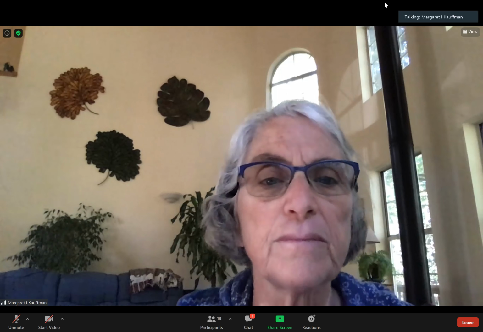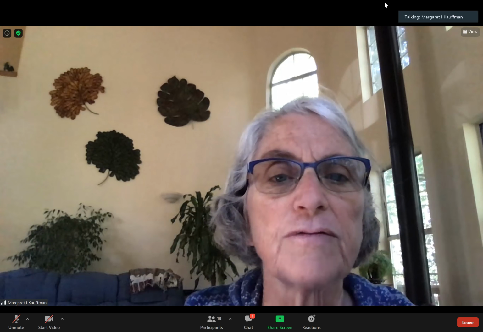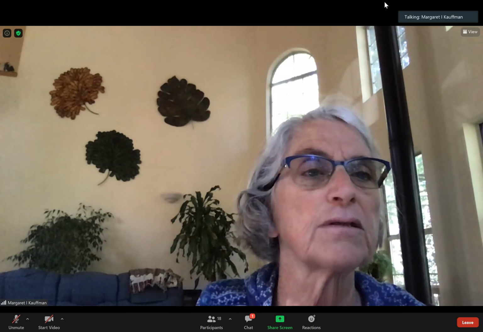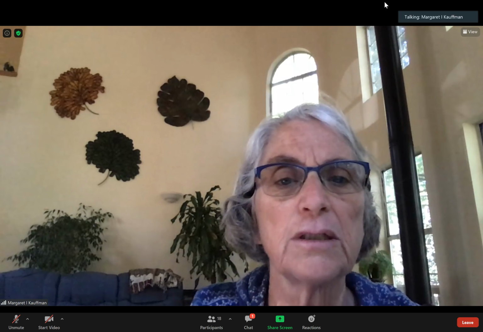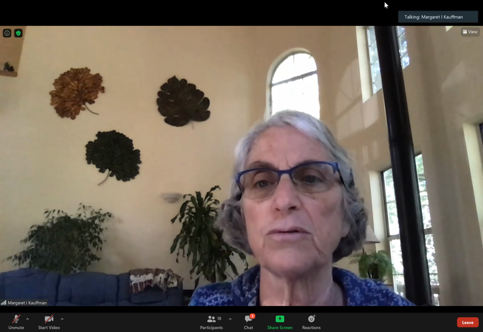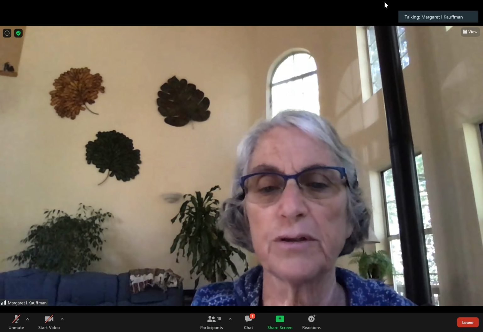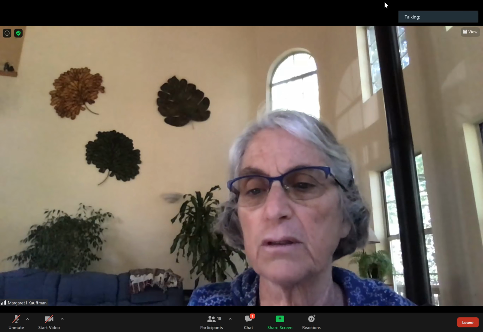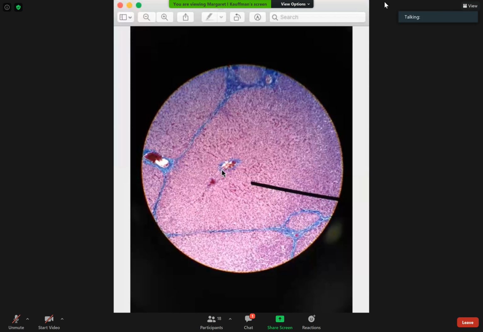Okay, so let's look at a few of these liver slides. That is the exact same one that you just saw. So here is another one, I'm just pointing out there are a few other liver slides. So here's another one showing you several lobules in the middle of the liver rather than just that one on the edge.